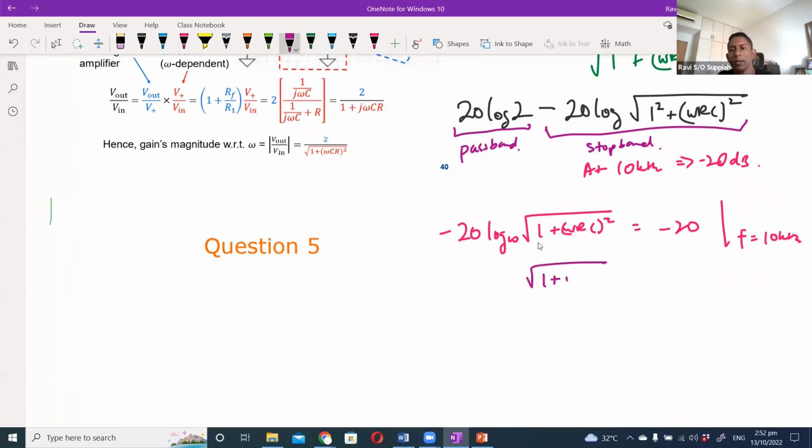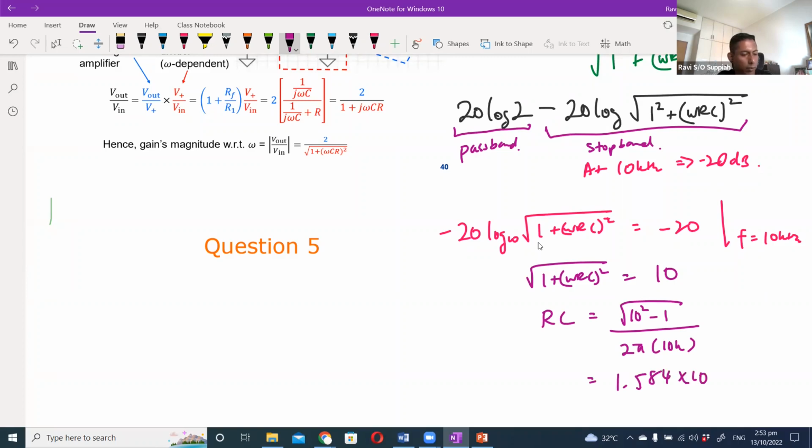So 1 plus (omega RC) squared equals 10 squared. Then from there you can get the RC value to be the square root of 10 squared minus 1, over 2 pi times 10K, and that will give me a value of 1.584 times 10 to the power of minus 4 seconds.